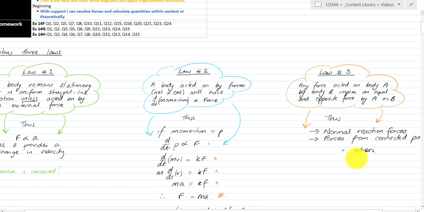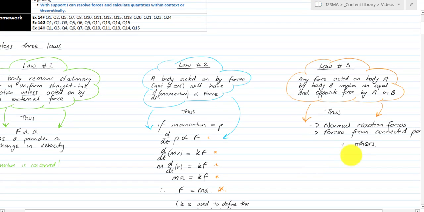Law number 3: any force acting on body A by body B implies an equal and opposite force by A on B. It's not written perfectly there, but basically if body B applies a force on body A, body A will apply a force back on B. Even if it doesn't seem like it, body B is now not moving forward the way it might have, because body A is restricting that movement.